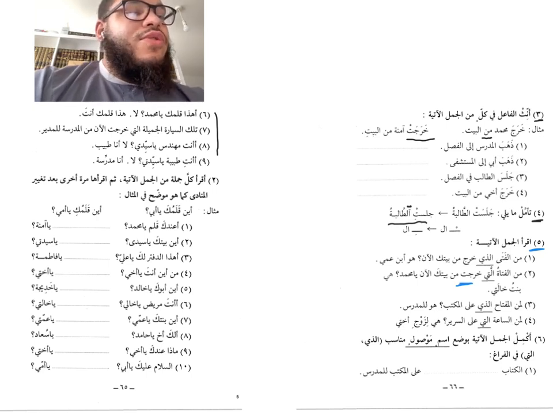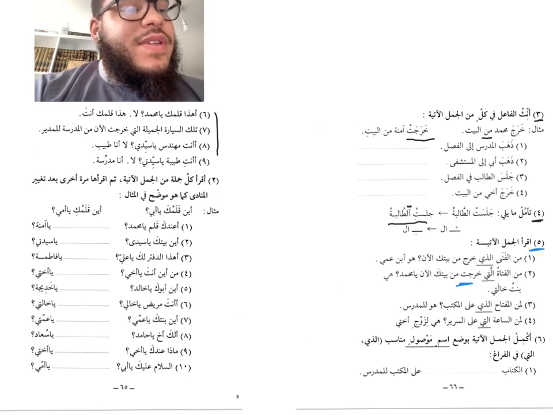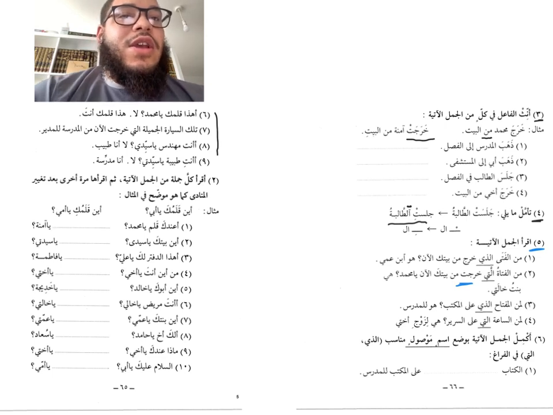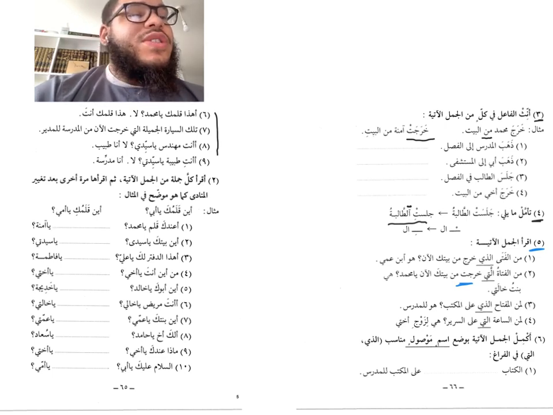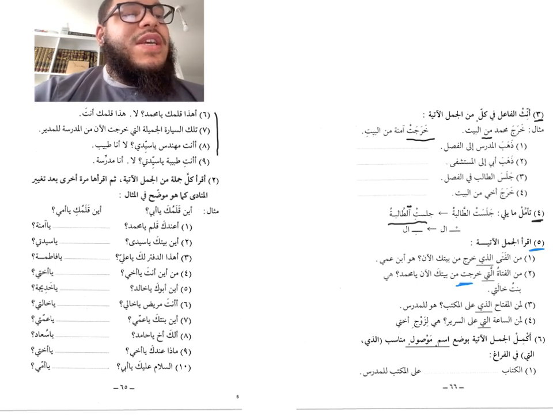Okay, so now read the rest of the sentences, inshallah ta'ala, paying attention to the usage of alladhi and allati, whether it's feminine or masculine. As you'll see, this continues because exercise number 6, there's only one of them, and it continues on the next page, inshallah. I'll show you.